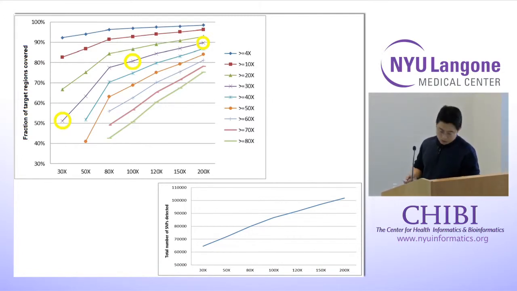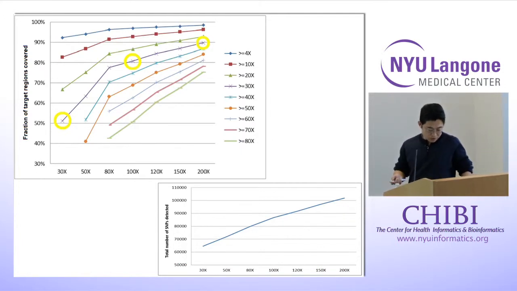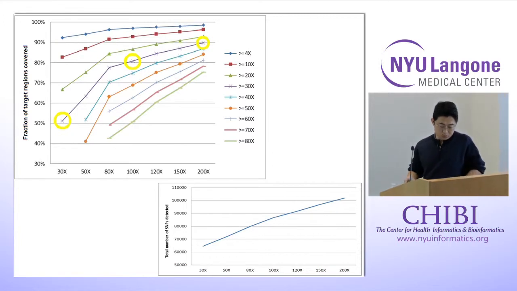Here is a figure from one exon sequencing provider. It shows the correlation between the percentage of targeted regions covered and the sequencing depth in human exome sequencing.